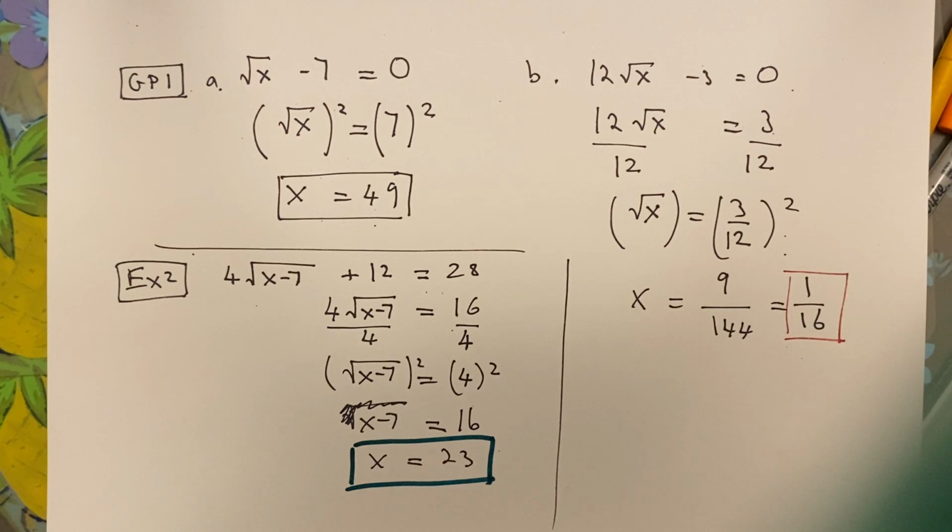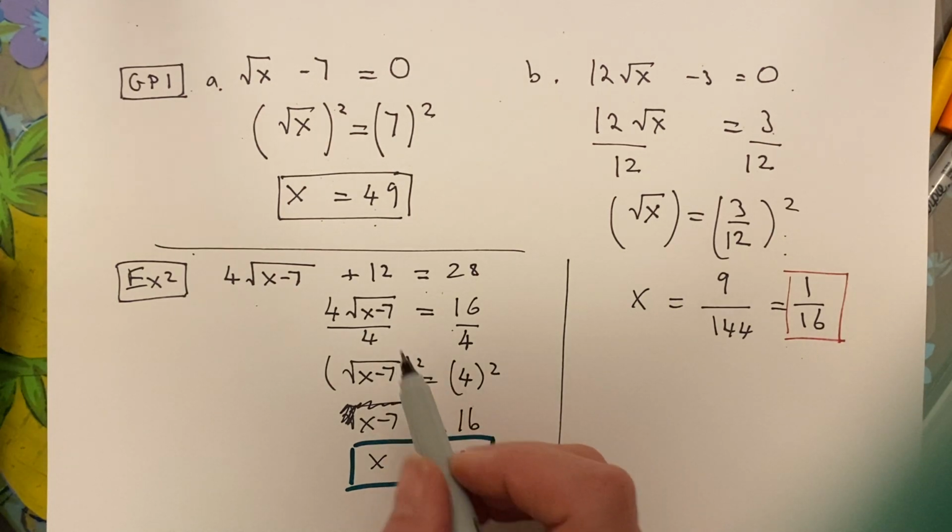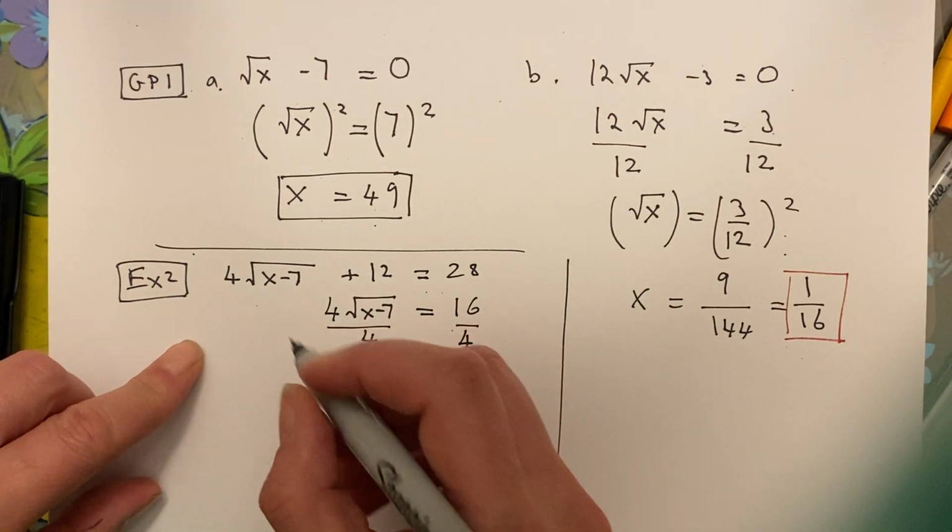Now, if you wanted to check and see what this looks like on a graphing calculator, you would have to set it equal to 0. And so, to do that, we would go back to this equation.